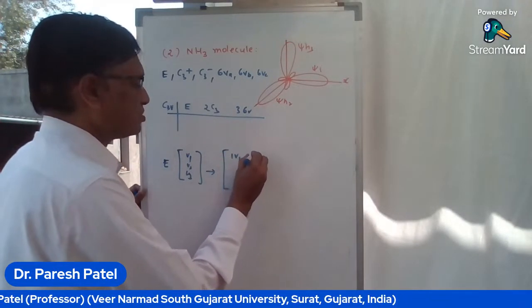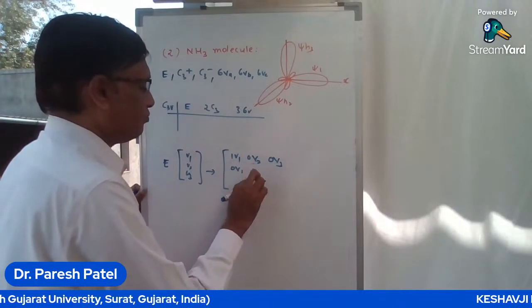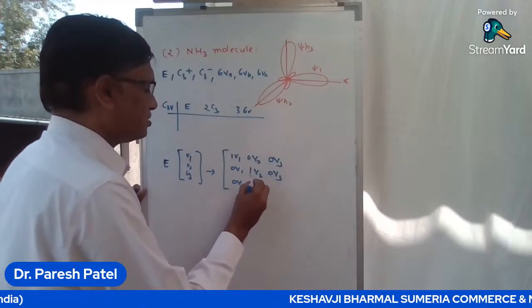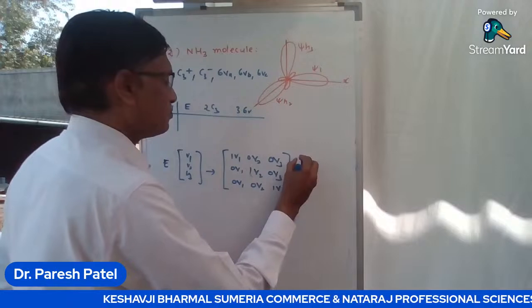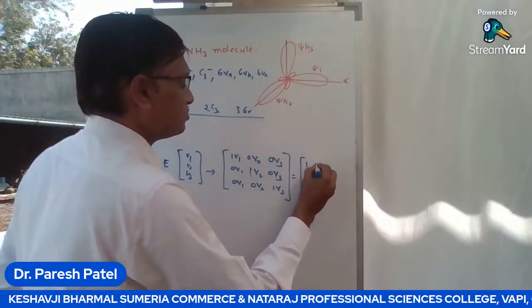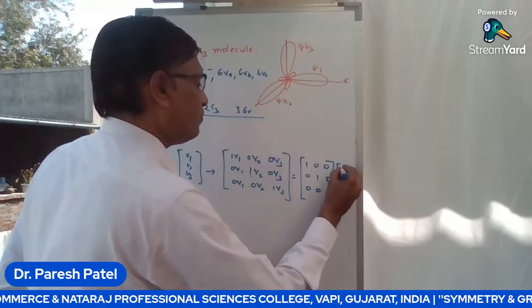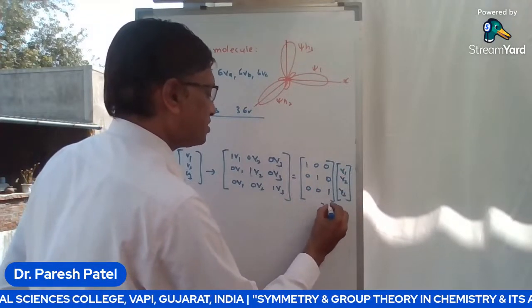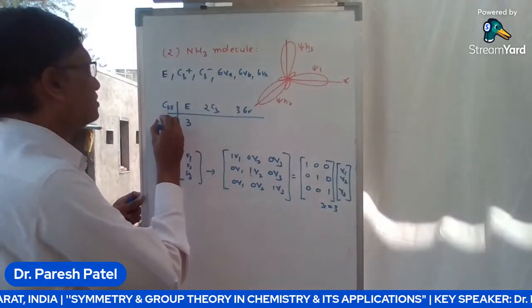So 1 V1, 0 V2, 0 V3; 0 V1, 1 V2, 0 V3; 0 V1, 0 V2, and 1 V3. So the character is equal to 3.